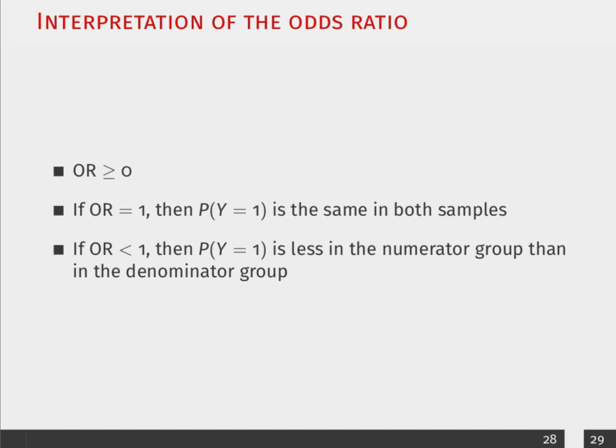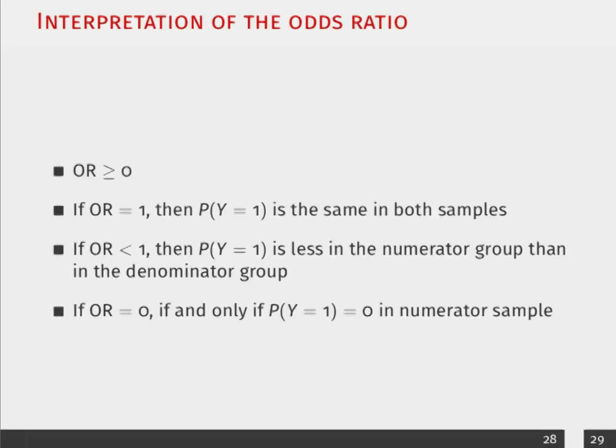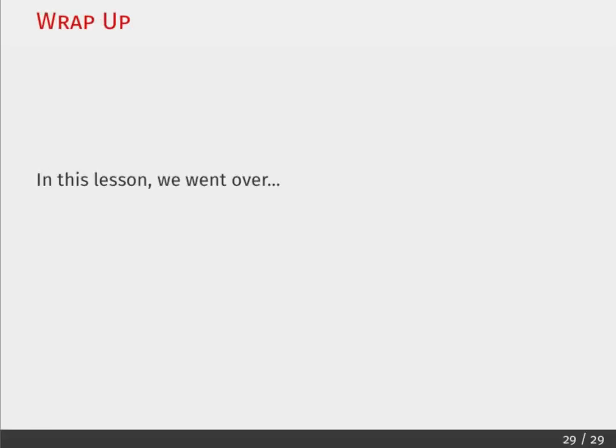So that makes sense: in the previous example, the group that had the lower probability of having a heart attack was in the numerator. Now, if the odds ratio equals 0, that can only happen if there is essentially no chance of having the disease or a heart attack in the numerator.